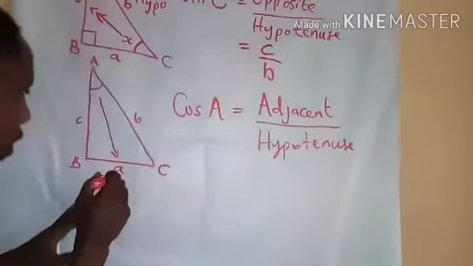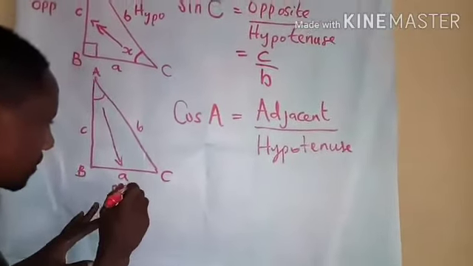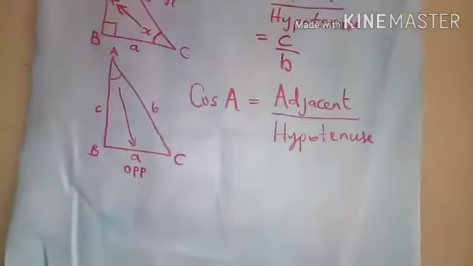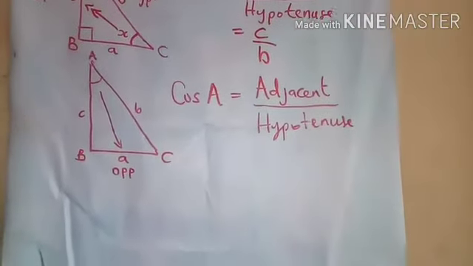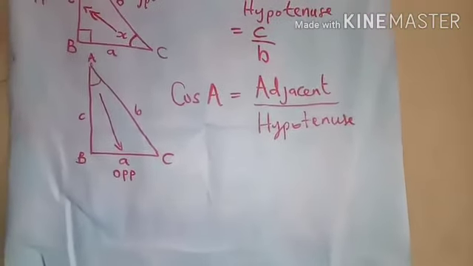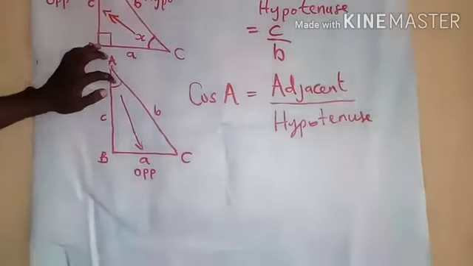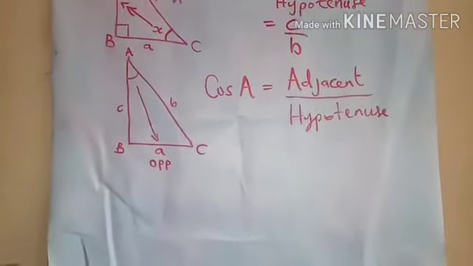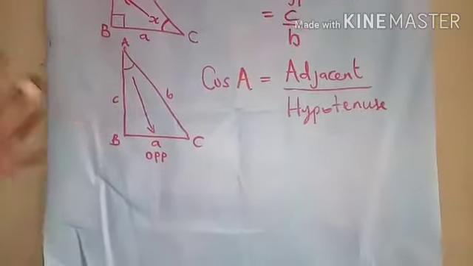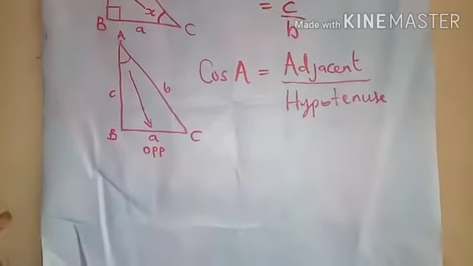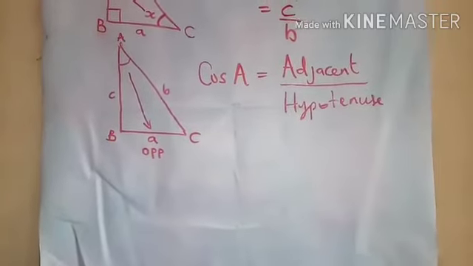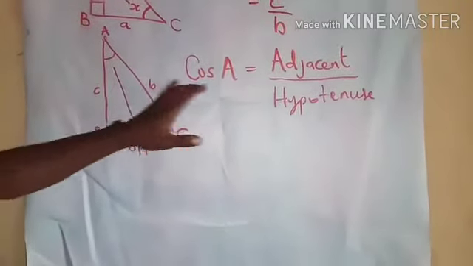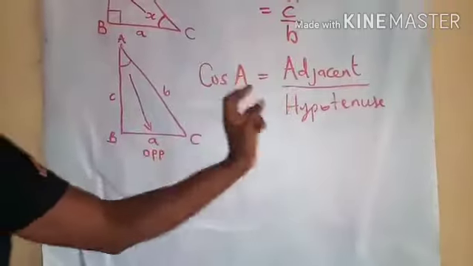So this side automatically has taken the name opposite. The angle always tells us where the opposite side is. Don't forget that. The angle is the only thing that changes. The only thing that remains constant is the longest side, which is the hypotenuse. And from the definition, cosine is adjacent side over the hypotenuse side.